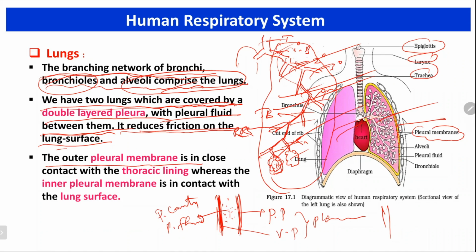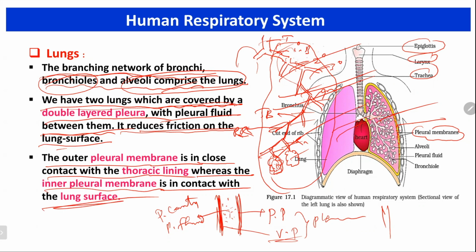Then you see outer pleural membrane is in close contact with the thoracic lining. So parietal pleura is in close contact with what? Thoracic lining, whereas inner pleural membrane, that is visceral pleura, lies in close contact with the lung surface.